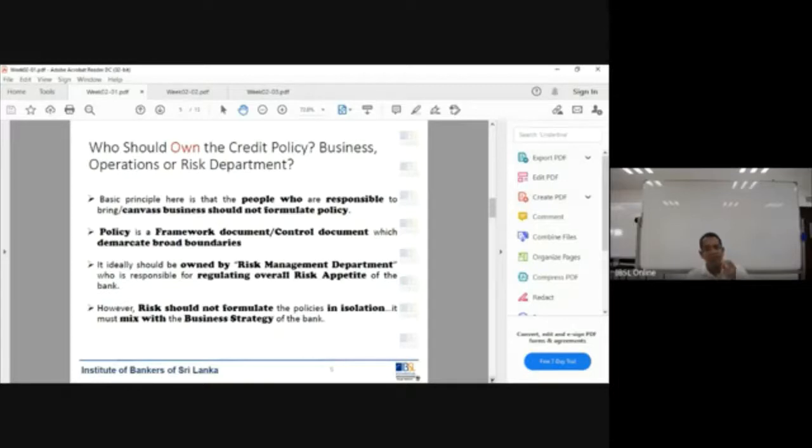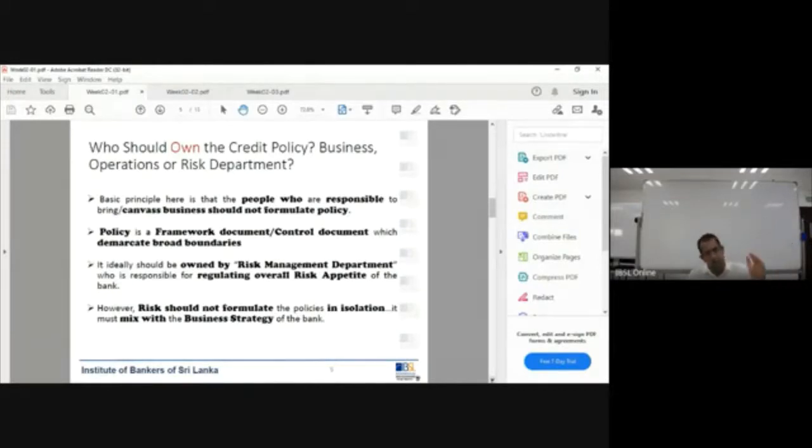Saying that, the risk department should not prepare the credit policy without the consultation of the business line. Otherwise, we will never be able to lend. So it is a joint task of the business line and the risk department. However, the business line can give the guidelines, directions, and requirements, but it is the risk department who will formulate the credit policy for the approval of the board of directors.